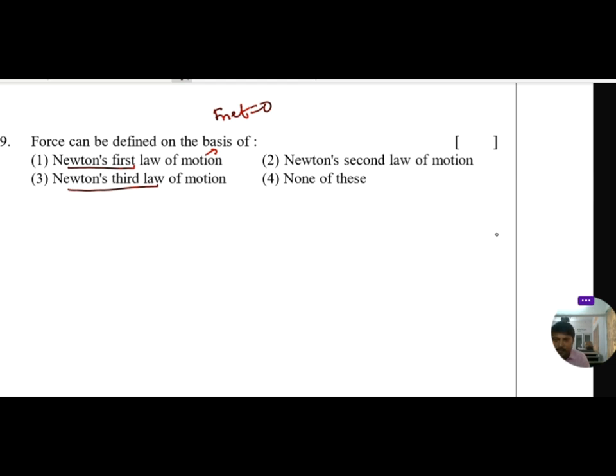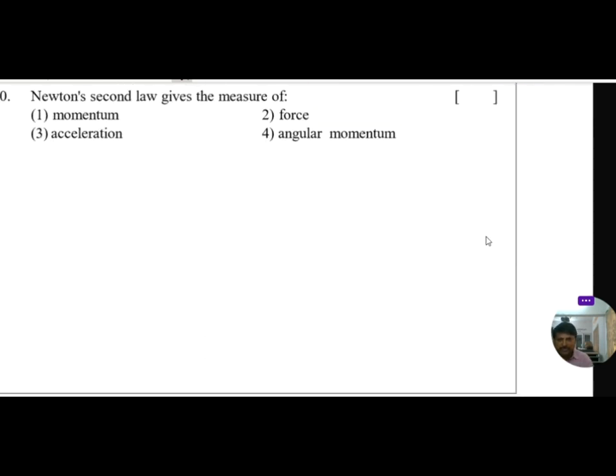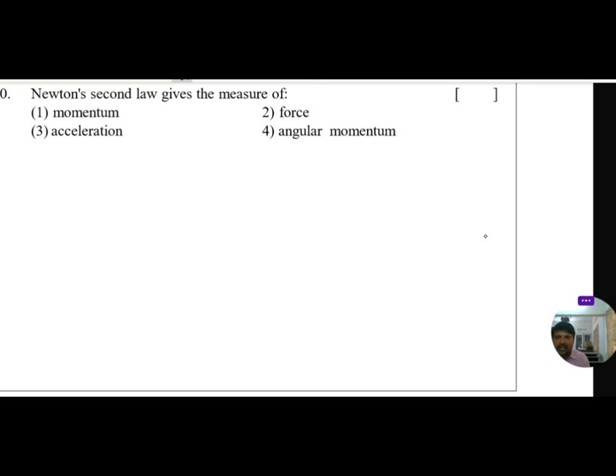Force always exists in pairs, but Newton's second law measures the force and defines the definition and the unit of force. So force can be defined on the basis of Newton's second law of motion. Next, 50. Newton's second law gives the measure of force. Option 2 is the right answer.